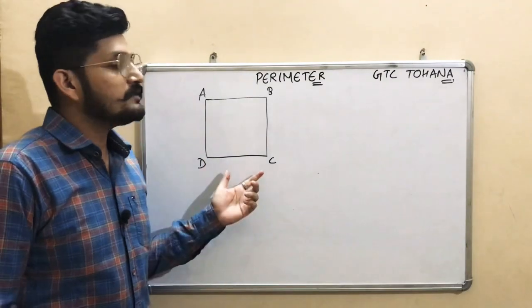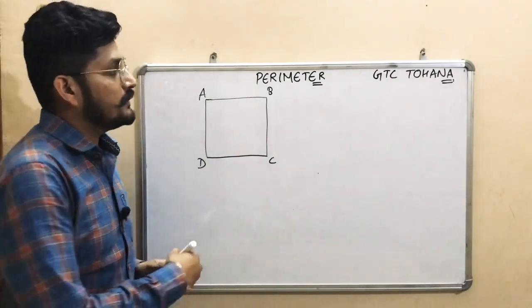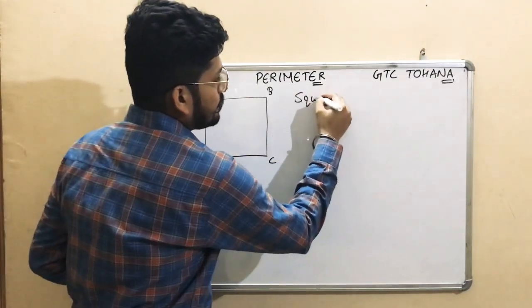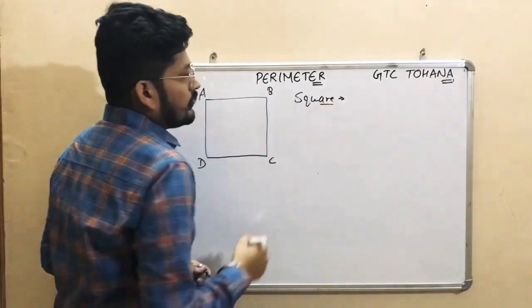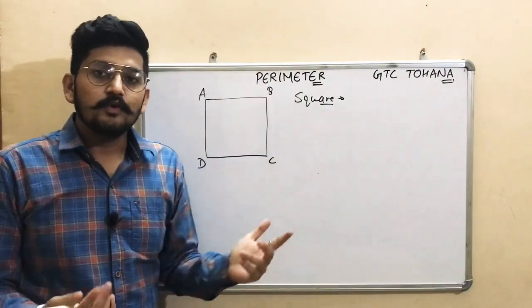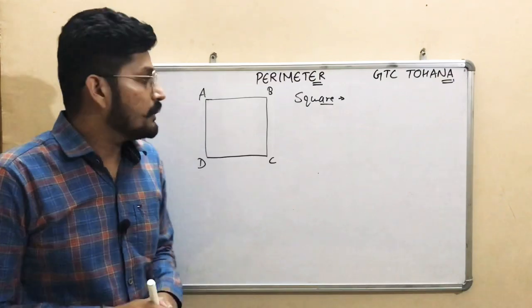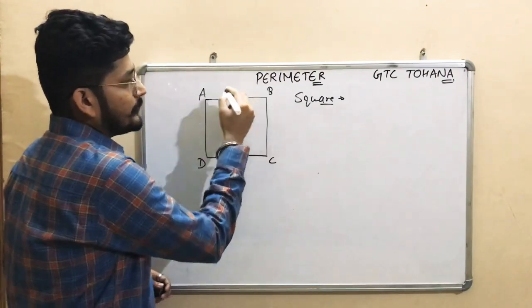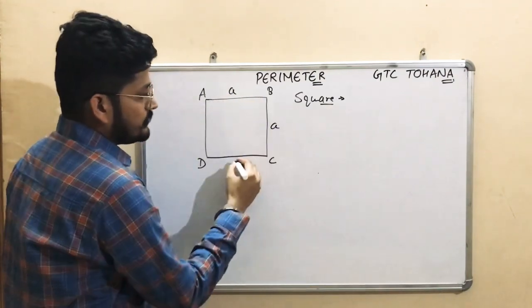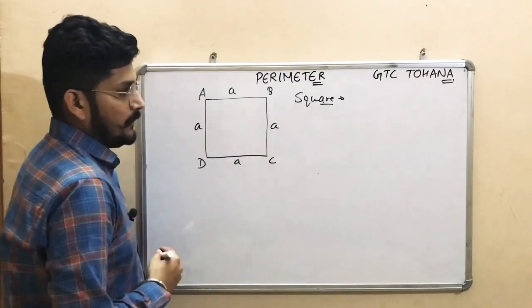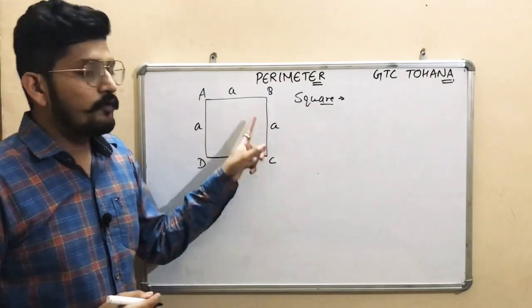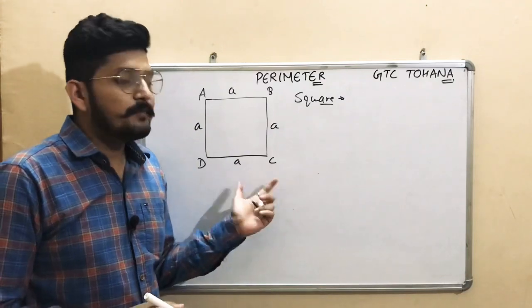Now we have our third figure, that is square. We know square is that figure in which all the sides are equal. Now let us suppose this side is A. Then this is also A, this is also A, this is also A. Now you have the length of all the four sides. You have to find the perimeter.